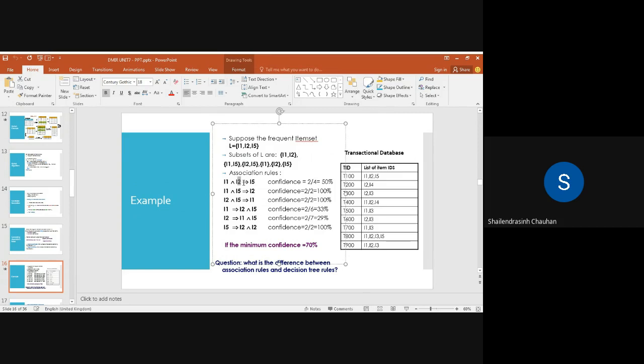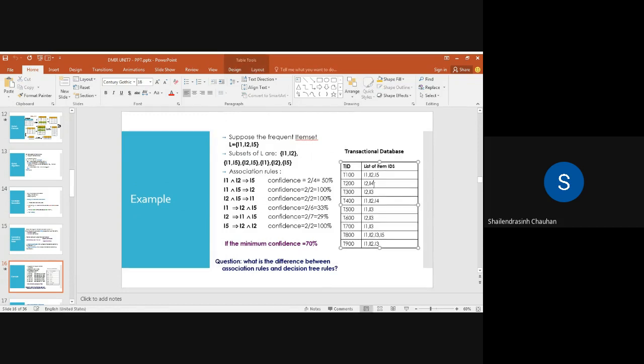In total, how many transactions are you having I1, I2 both? 4 transactions: T100, T400, T800 and T900.